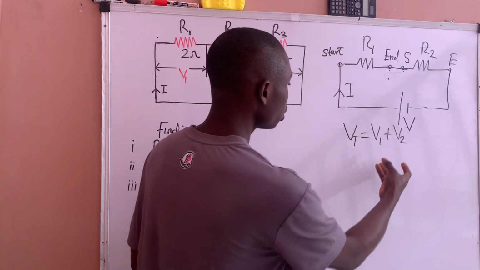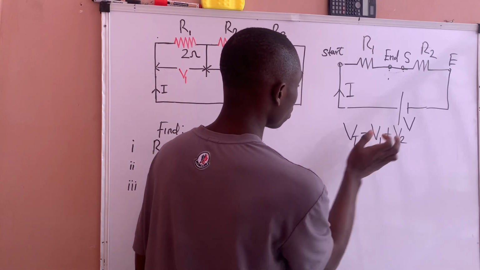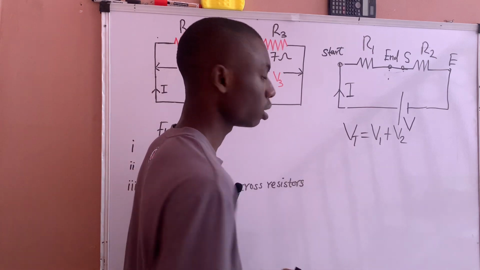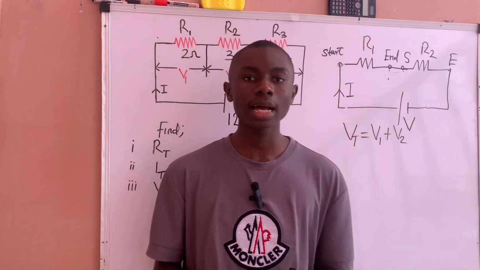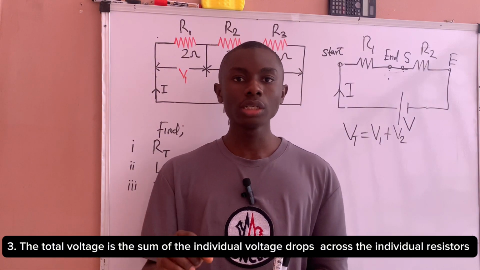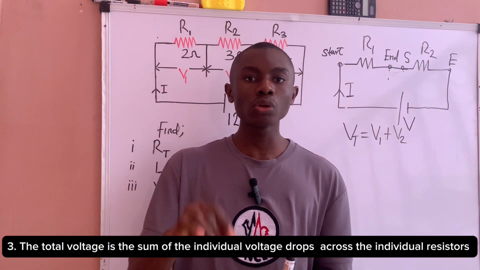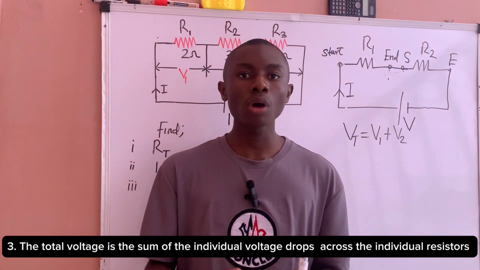If we sum these two voltage drops, it gives us the total voltage. So another characteristic of a series circuit is that the total voltage is the sum of the voltage drops across the individual resistors.